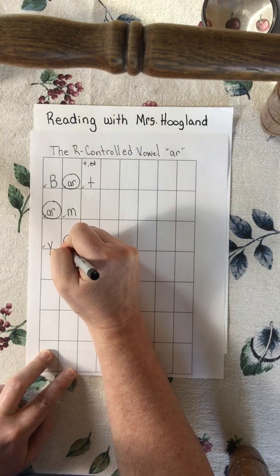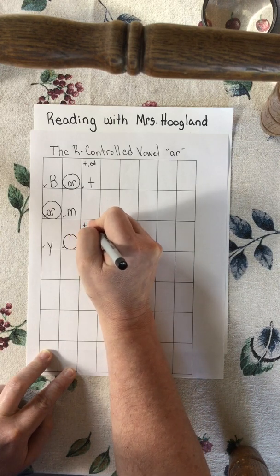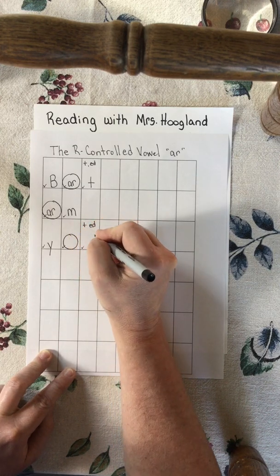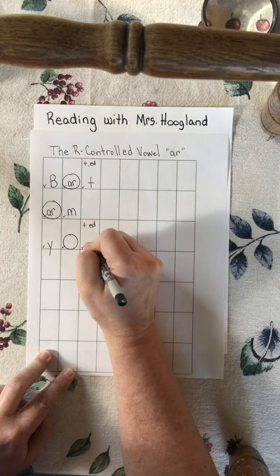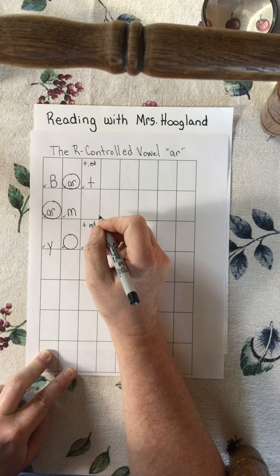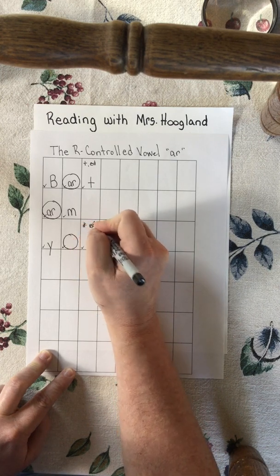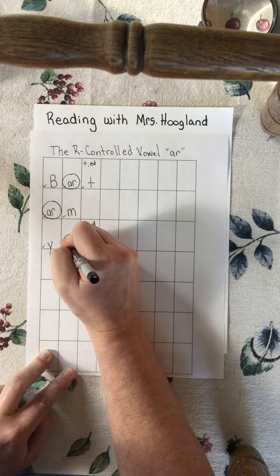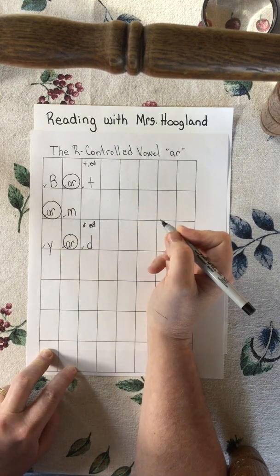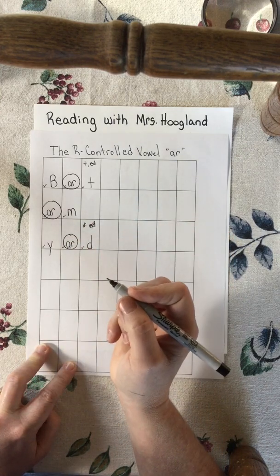Then we have R, and then we have D. And we already talked about this is not a verb and it's not past tense. So it's just going to be a D. Yard. And then the R is going to be right here. Sorry, I lost my mind for a minute.